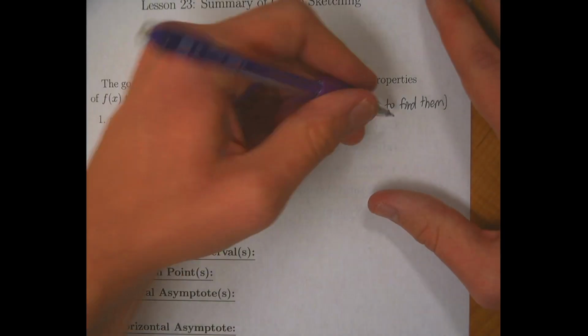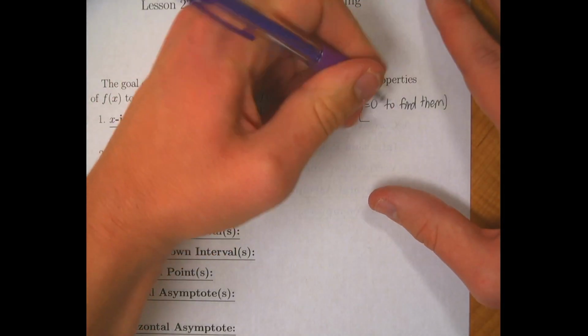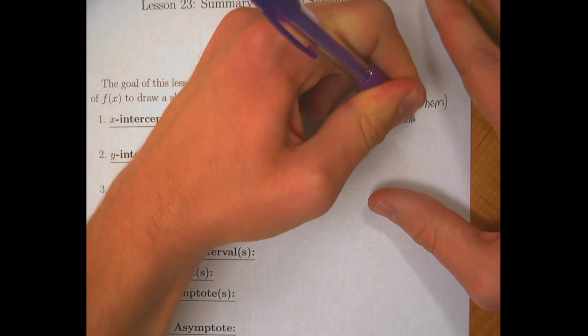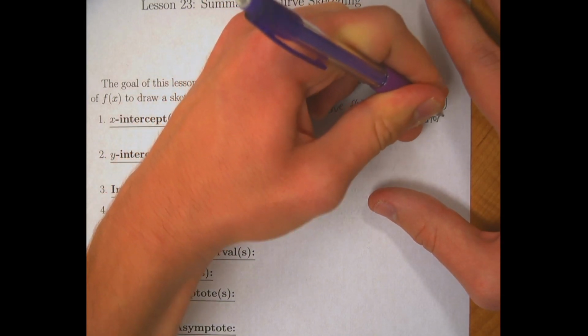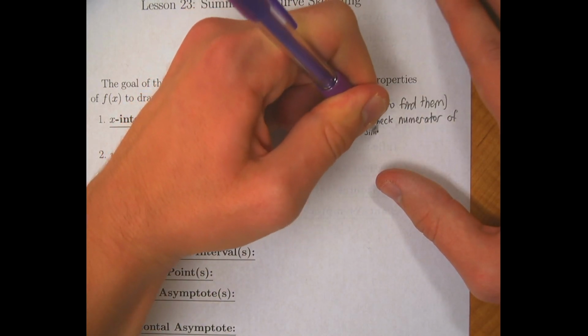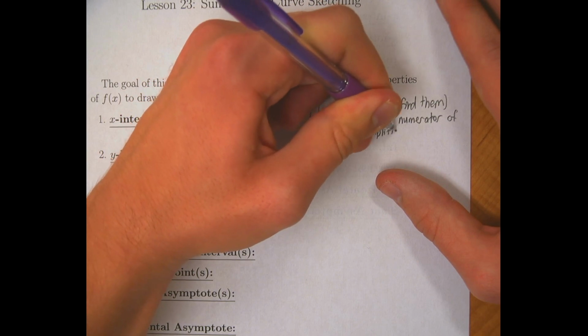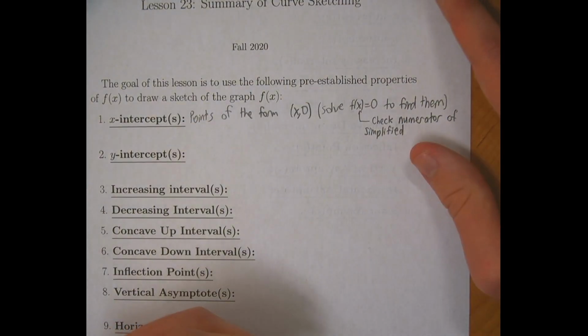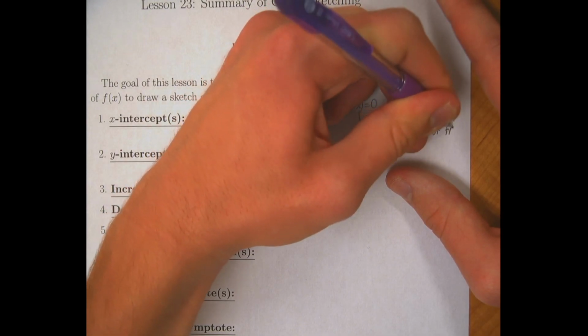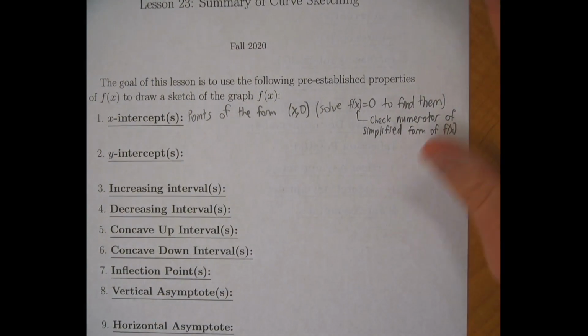So to do that, we can say, all right, well, we have to check the numerator of the simplified form of f of x. Okay.